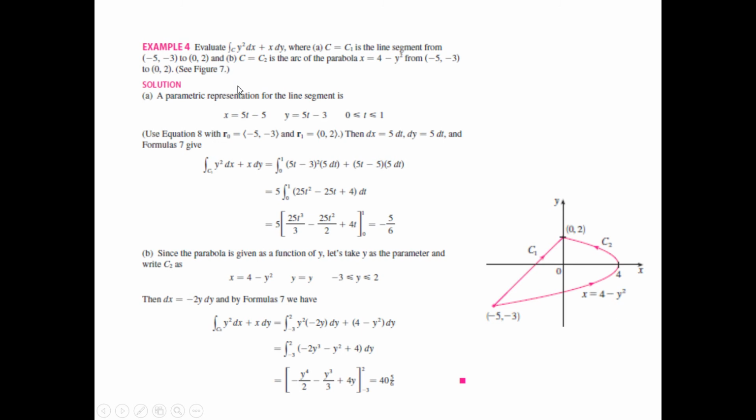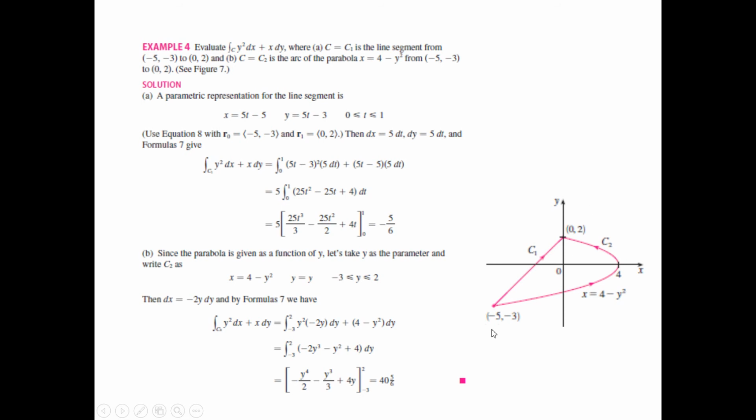So let's use this formula to evaluate a line integral. So here is the line integral. This is example 4 of your book. You can read from there too. Evaluate this line integral of y squared dx plus x dy along the curve C, where part A, C is equal to C1.